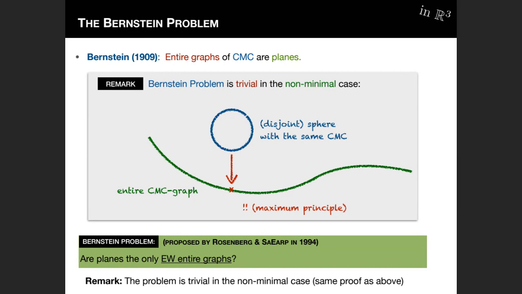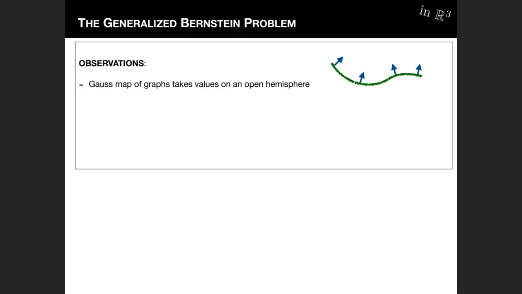And as it happens in constant mean curvature, in the non-minimal case, the problem is trivial, and the same proof holds because we have the maximum principle and we always have spheres for a certain elliptic Weingarten family. So this is one of the problems that we are going to address in this talk. And the other one can be seen as some kind of generalized Bernstein problem.